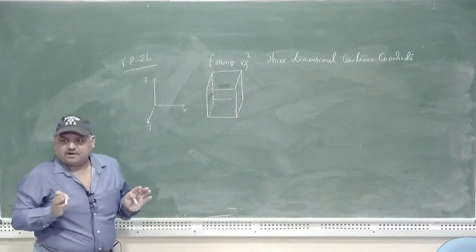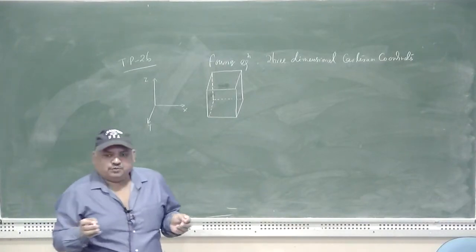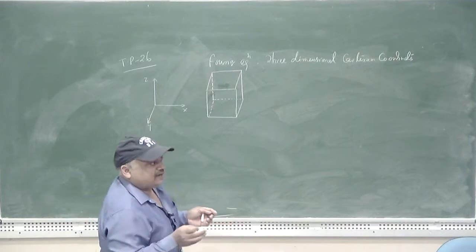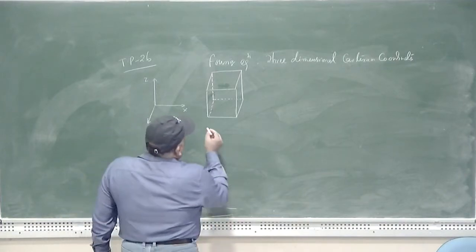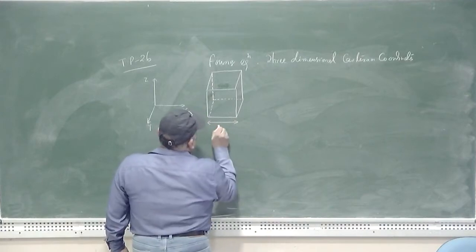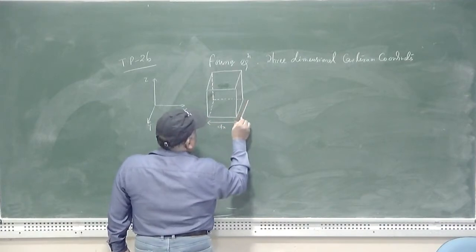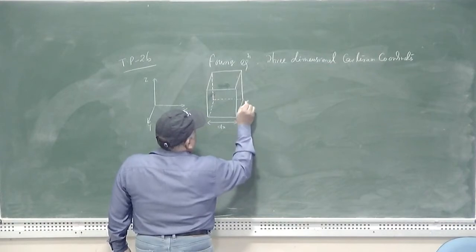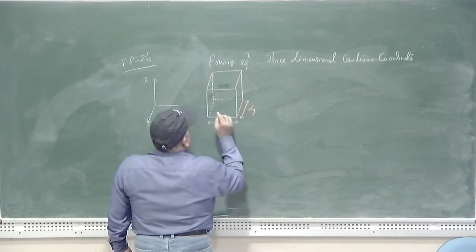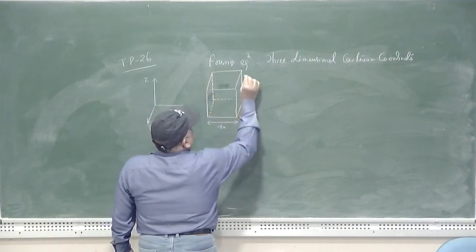So this is our parallelepiped over which we will extend this Fourier law for the 3-dimensional Cartesian coordinate system. These are the 3 quarter minus edge lengths. This is along the x-axis, let it be dx, along the y-axis, let it be equal to dy, and along the z-axis, let it be equal to dz.